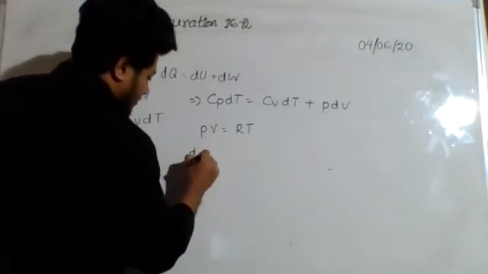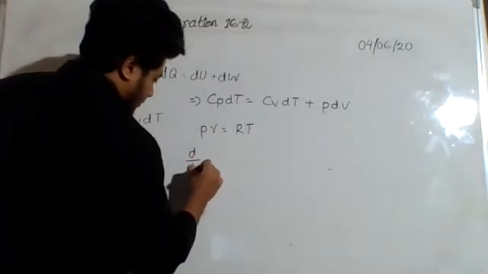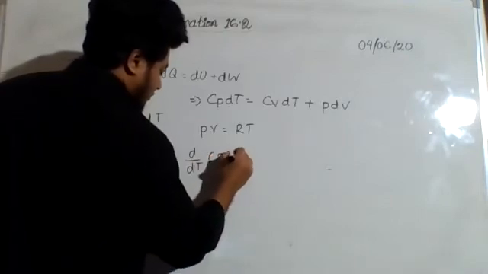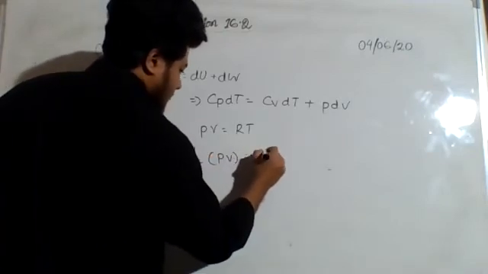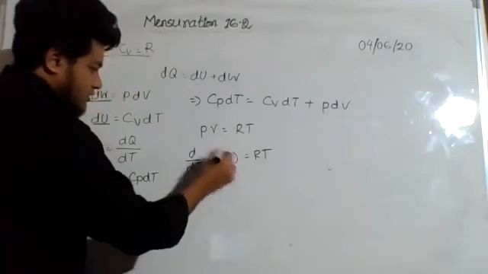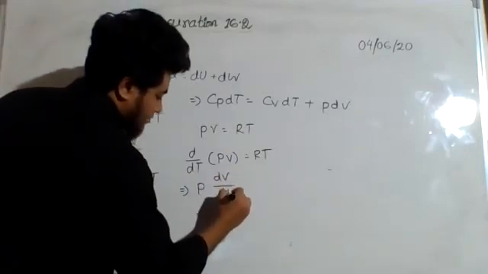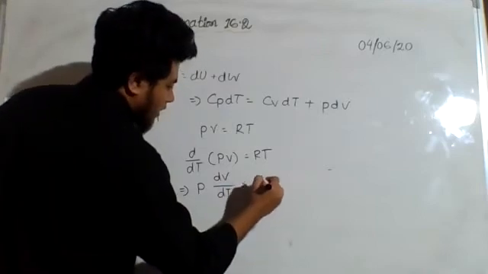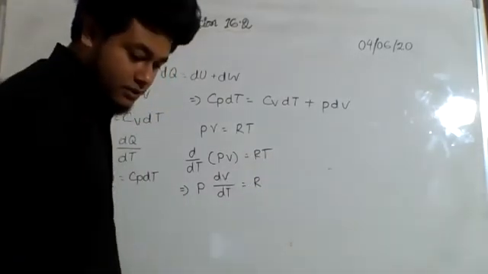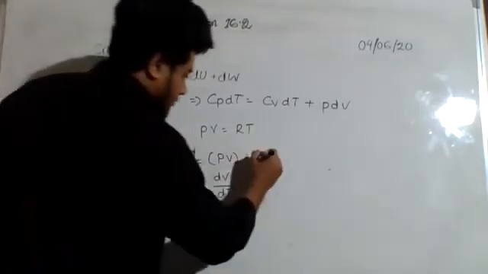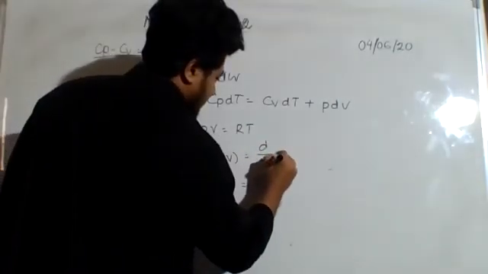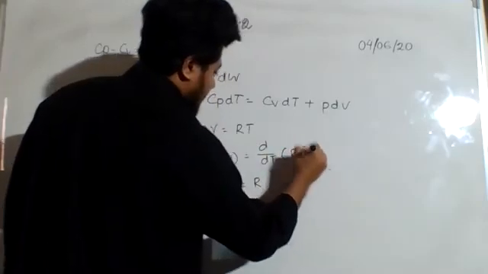Now, if we differentiate it with respect to temperature, then what will happen? Pressure will come out, and it will be P dV/dT is equal to R. I have to differentiate this side also, right? So d/dT of RT.